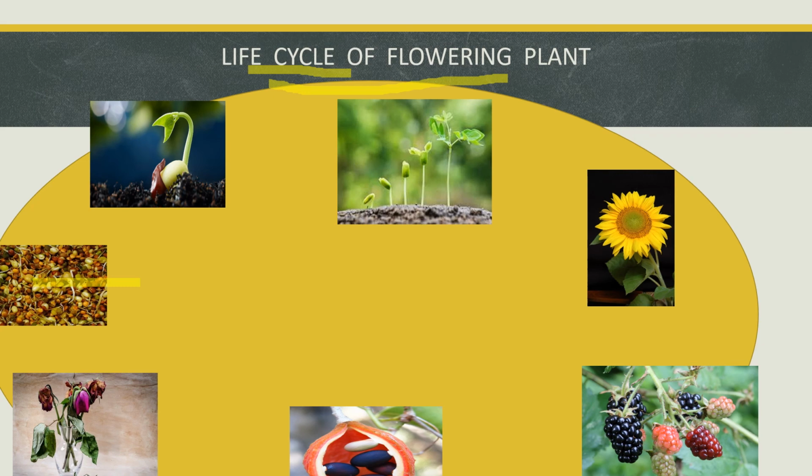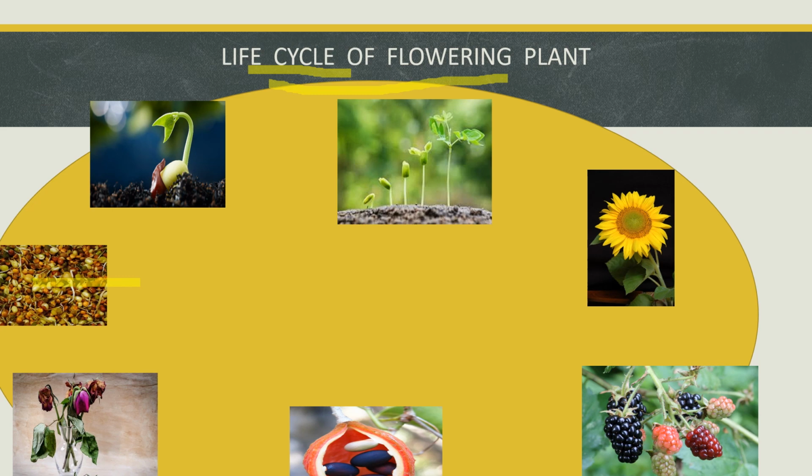From the flowers, the fruits are formed. Inside these fruits, seeds will be there. After the seeds and fruits are formed, the plant dies. All these steps show the life cycle of a flowering plant.